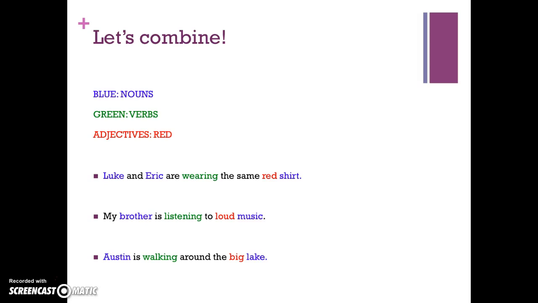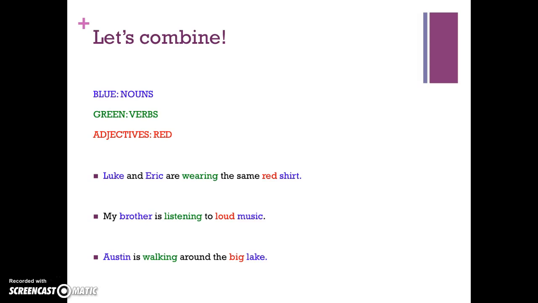Lastly, we have Austin is walking around the big lake. Austin, who is a person, is a noun. What is Austin doing? He is walking, which makes walking the verb. And big would be the adjective describing the last noun in the sentence, lake, which is a thing.